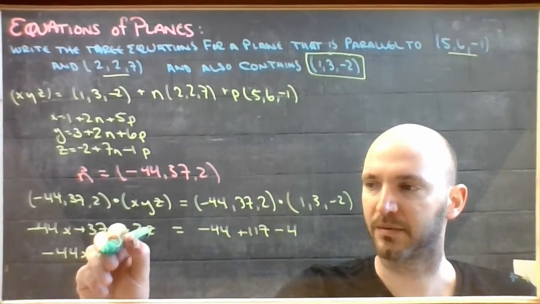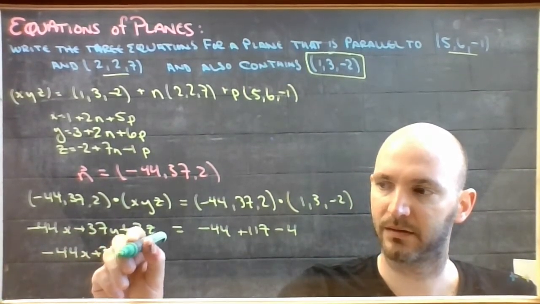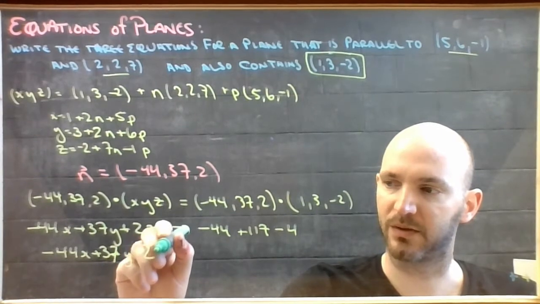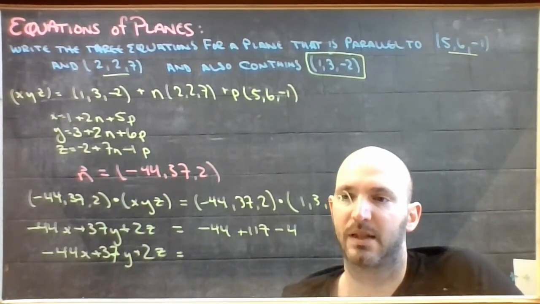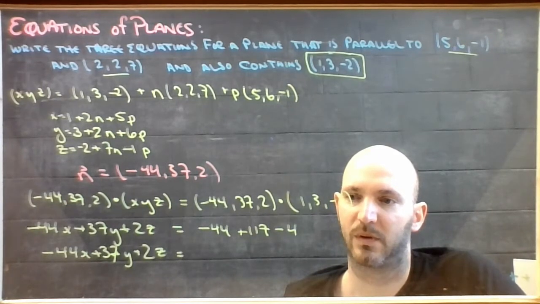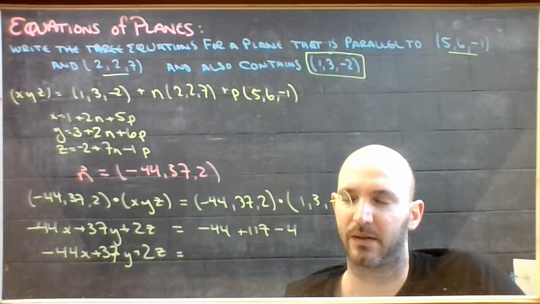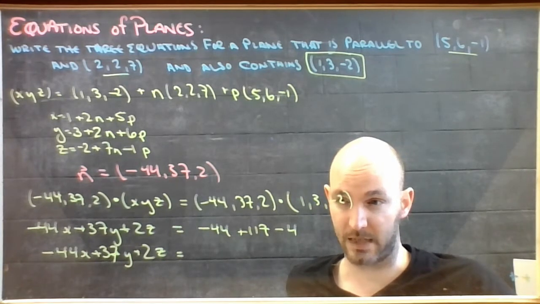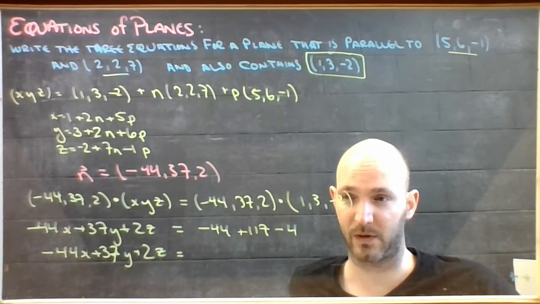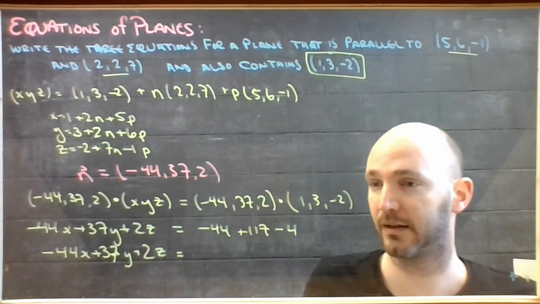Negative 44x plus 37y plus 2z is 117 minus 4 would be 113. 113 minus 4 would be 109. And 109 minus 440 would be 69.